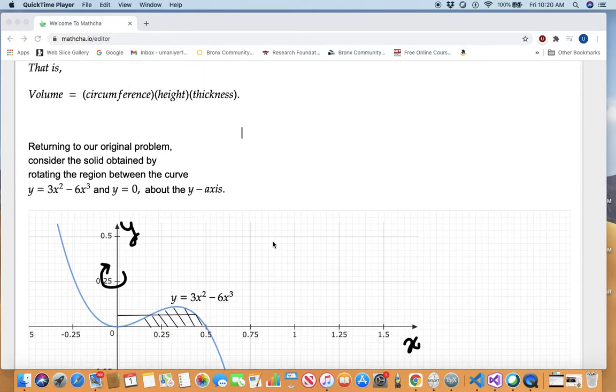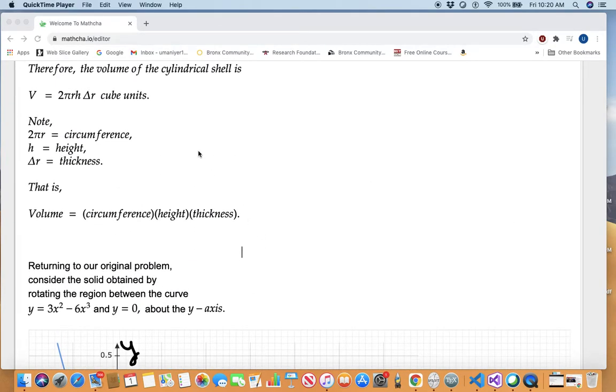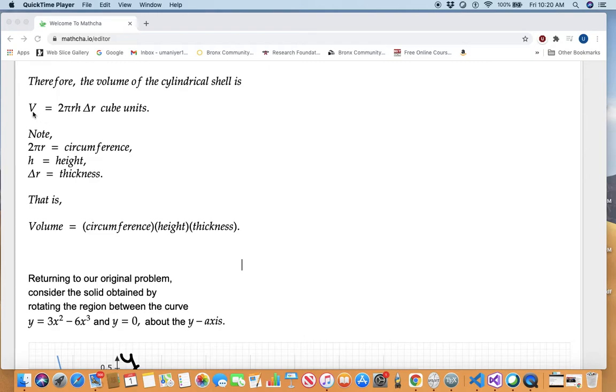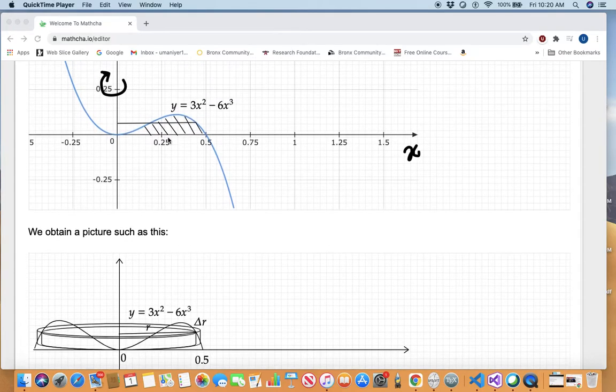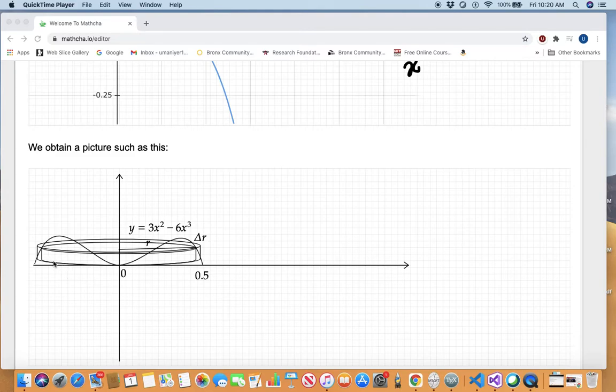So let me remind you, the volume of a cylindrical shell, or a thickened cylinder, is 2 pi r h delta r. Now when I rotate this region about the y-axis, we get a solid region like that.